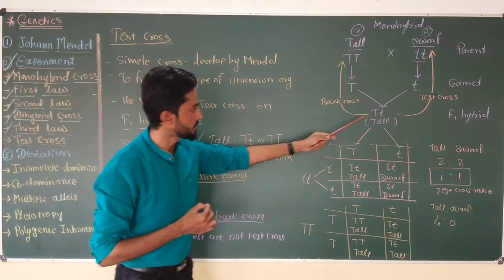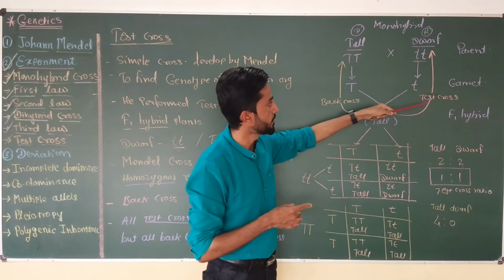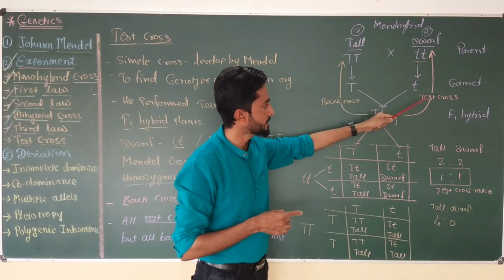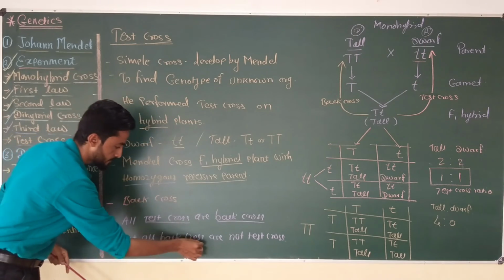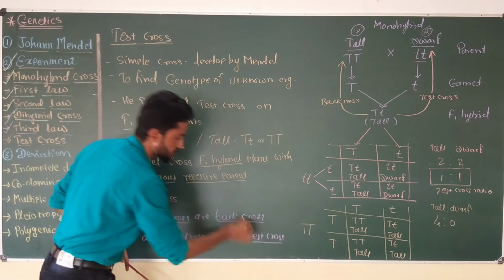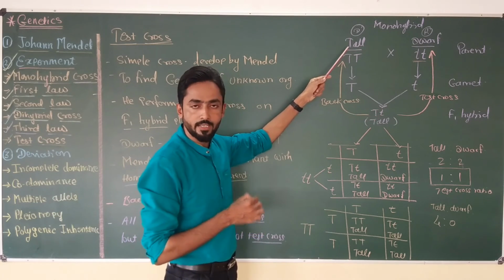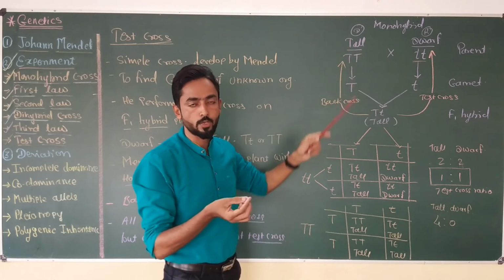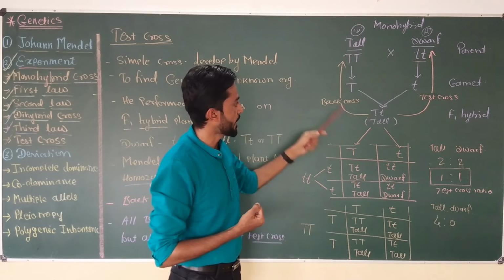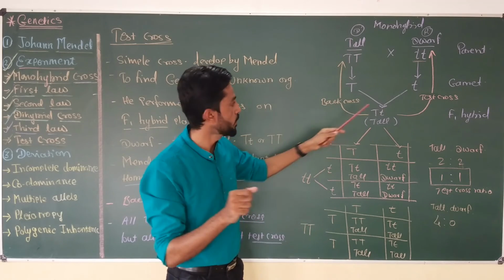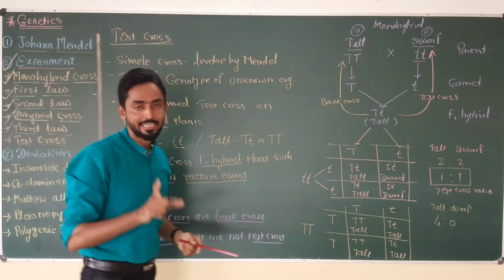Because if we want to test the genotype of the F1 hybrid, we have to go back. We have to perform a back cross. Okay, so all types of test cross are back crosses, but all back crosses are not test crosses, because if we back cross F1 hybrid with the dominant parent, in that case we will not get any solid conclusion. So in that case this back cross will not become a test cross. So all test crosses are back crosses, but all back crosses are not test crosses.